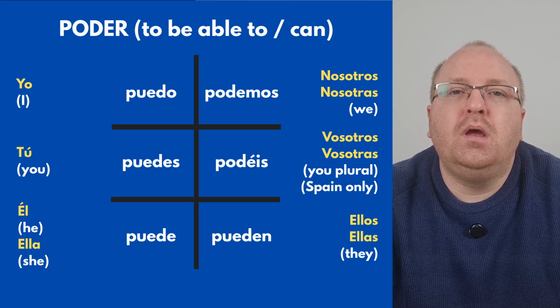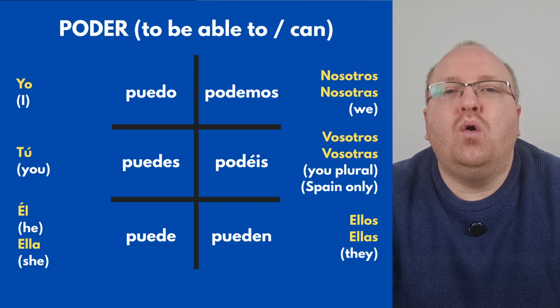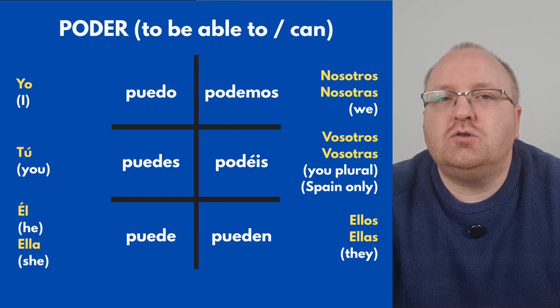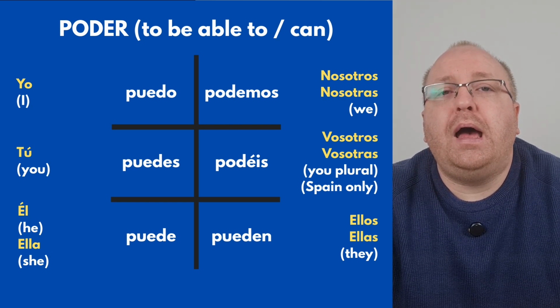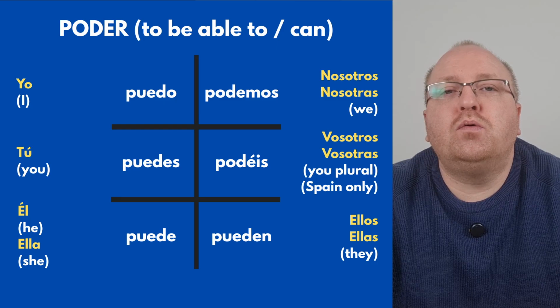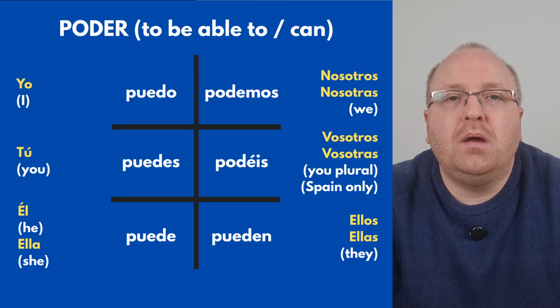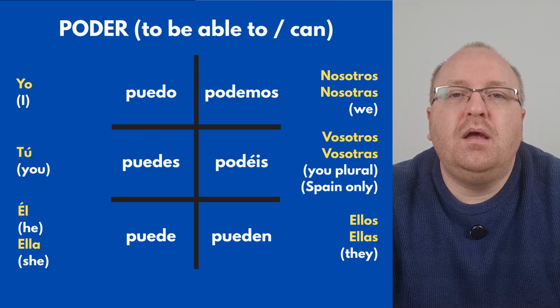We are able to or we can, podemos. You plural are able to or you plural can, podéis. They are able to or they can, pueden.